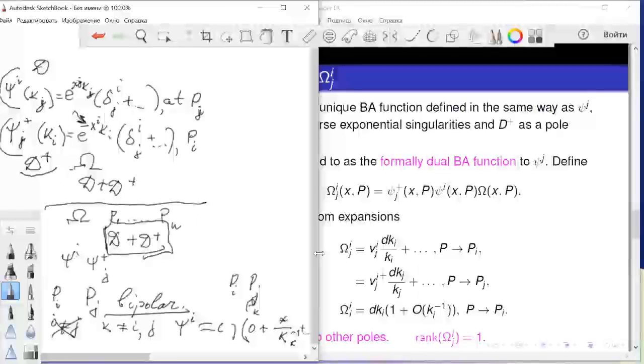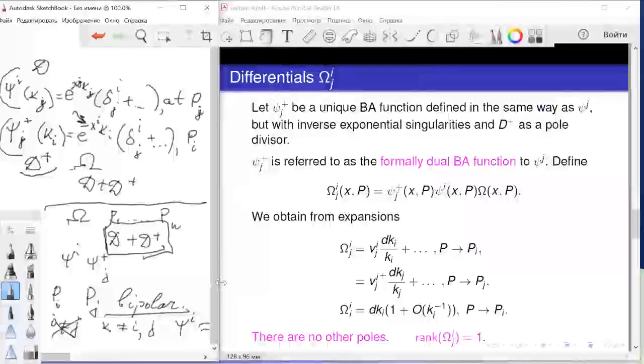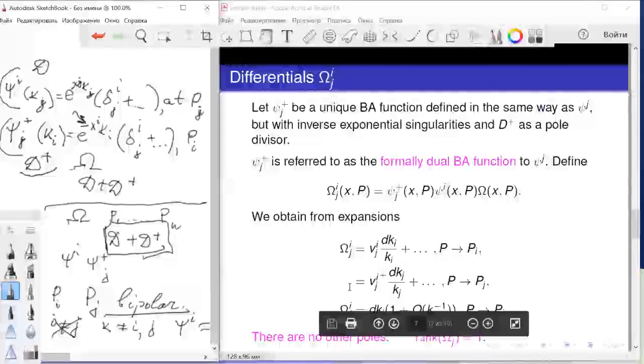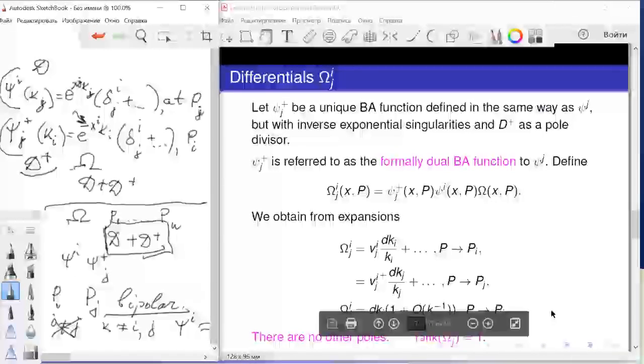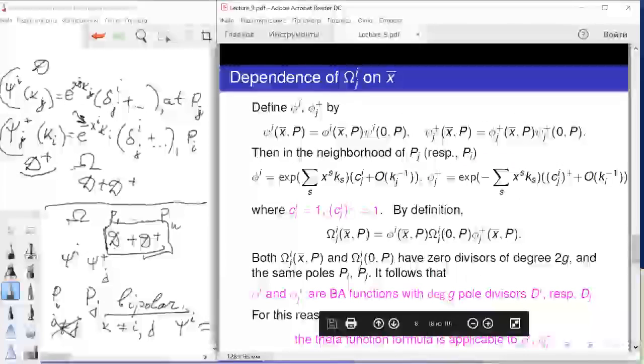Why is it better than reading Vij from the expansion of psi j? Let us see.